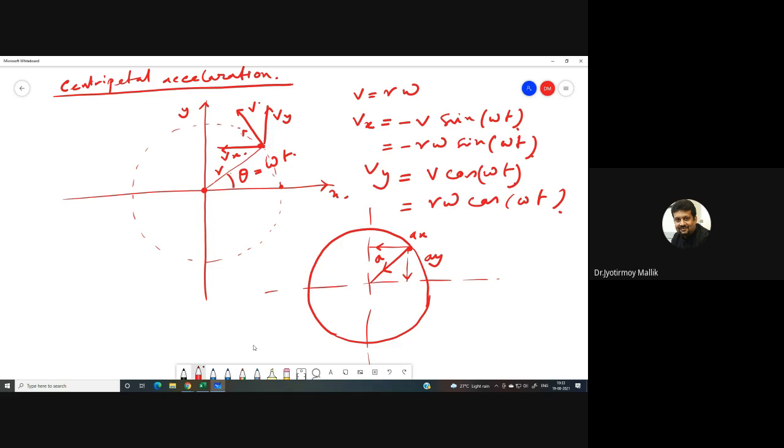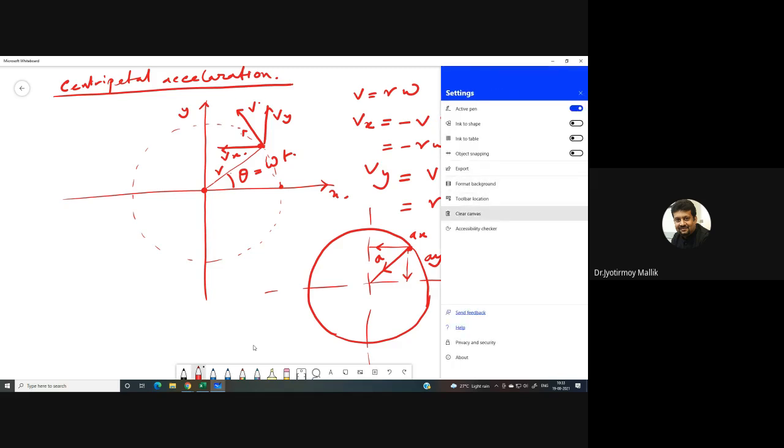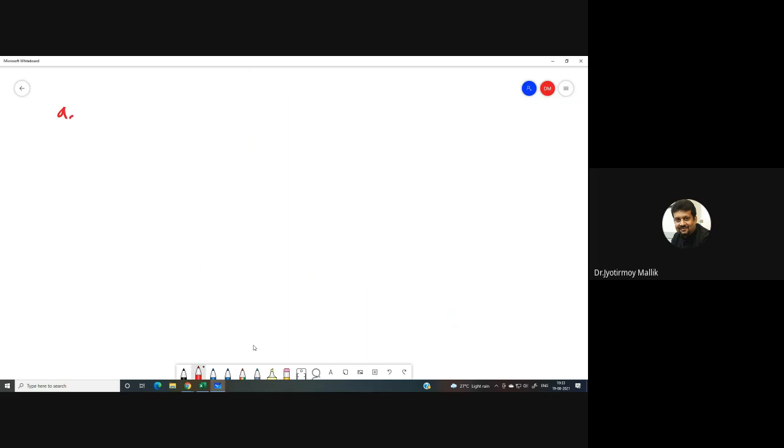So we can write down ax is equal to, differentiating Vx with t, minus omega V cos omega t.